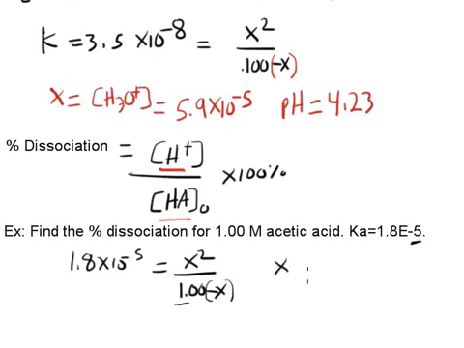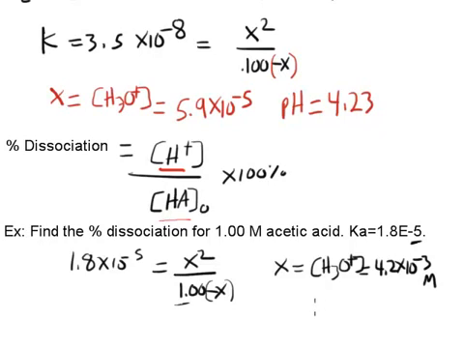So when you solve, you find out that x, which is equal to the hydronium concentration, or H plus concentration that forms, is equal to 4.2 times 10 to the negative third molar concentration of H plus.